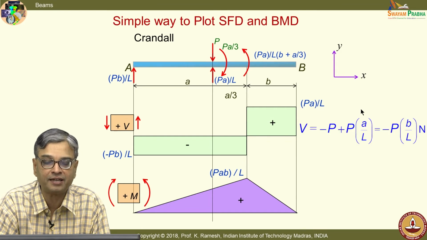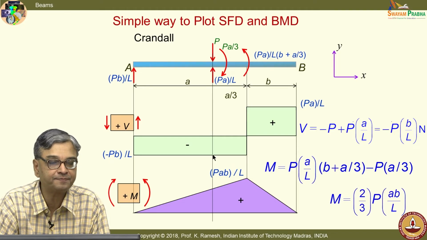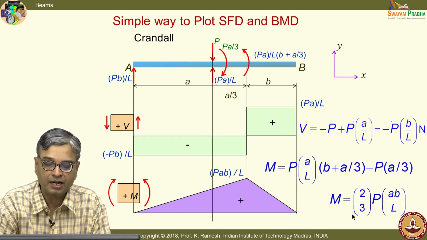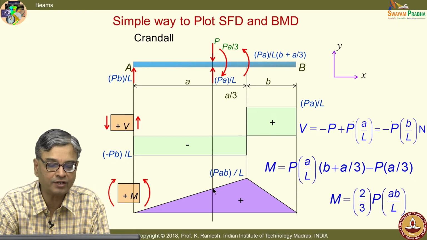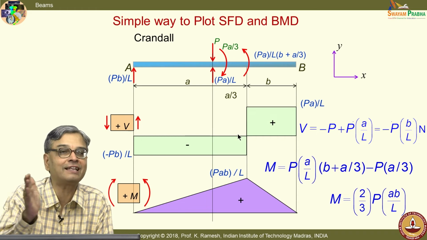Now, I take the summation of it, and I get shear force as PB by L, that is what you get here. And then I get moment as 2 by 3 PAB by L, which you could visualize from this. So, I have no difficulty in finding this just by translating the force.